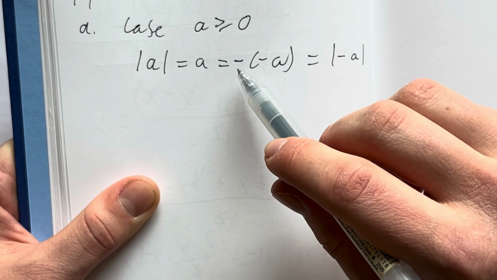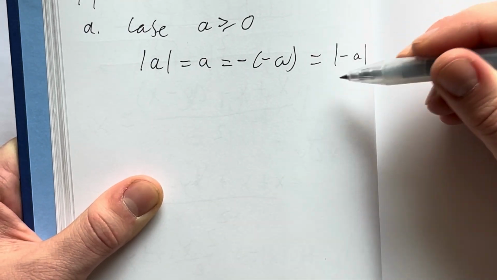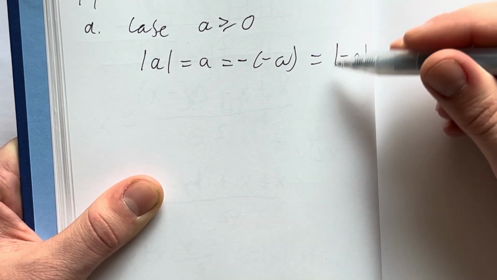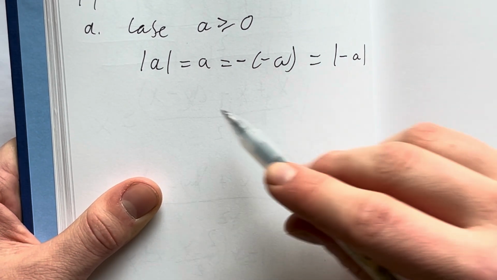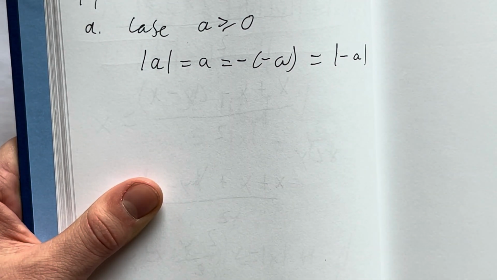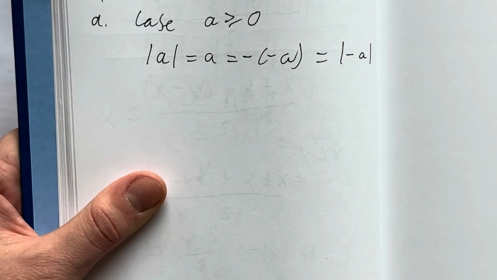So a minus sign in front is equivalent to having absolute value signs around. So thus this logic is sound.